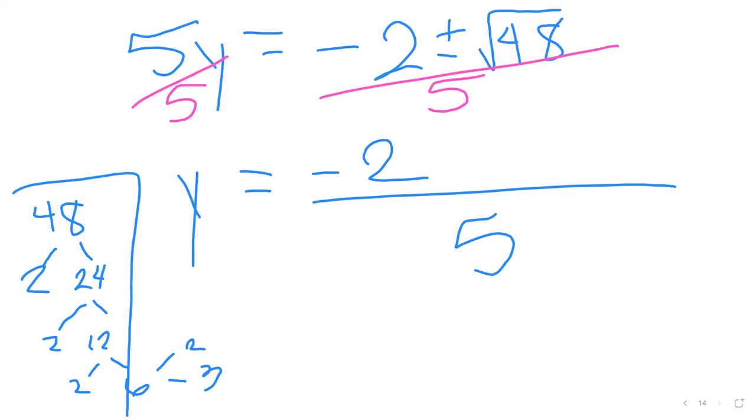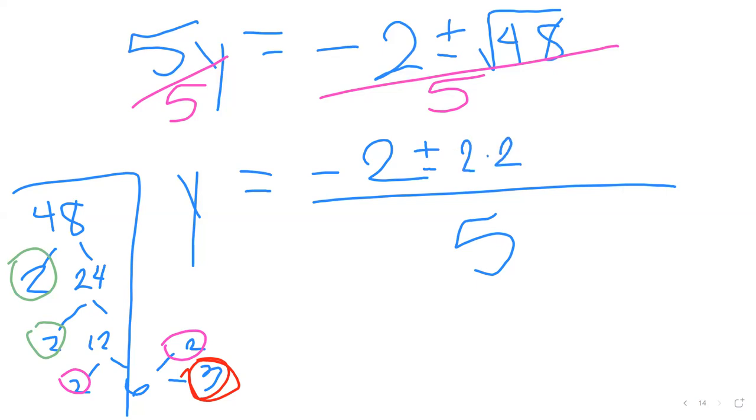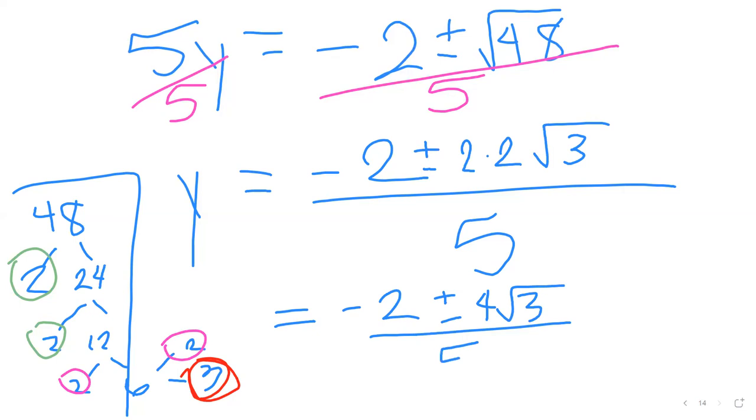Right, so as we collect all of the information, we've got a pair of 2s there, another pair of 2s here, looking back to all of our branches, and then one leftover thing here with the 3. So 2 pairs of 2s gives us 2 times 2, which can come out of that square root, and then that 3, which had no pairs, stays in. Now, final answer, y equals -2 plus or minus 4 square root 3 all over 5.